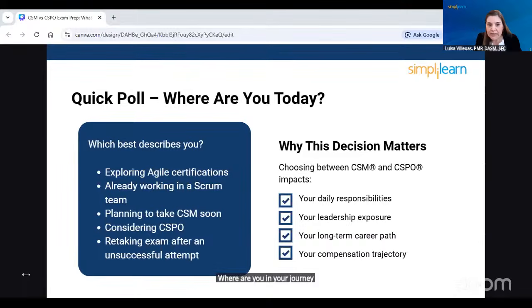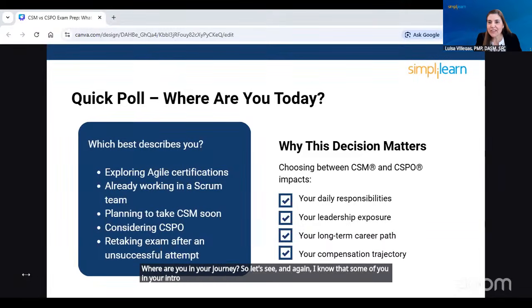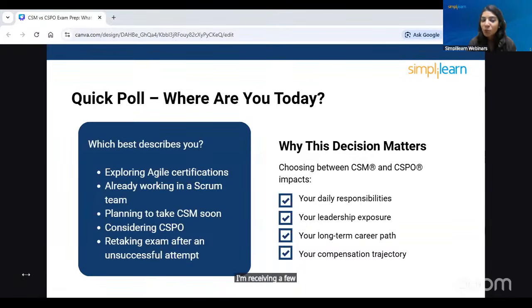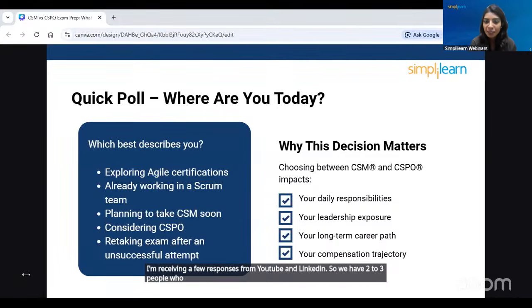So let's see. And again, I know that some of you in your introduction already shared that you are already PMPs, that you're already working towards one of the certifications. I'm receiving a few responses from YouTube and LinkedIn. So we have 2 to 3 people who are already working in a Scrum team and some who are considering CSPO right now.